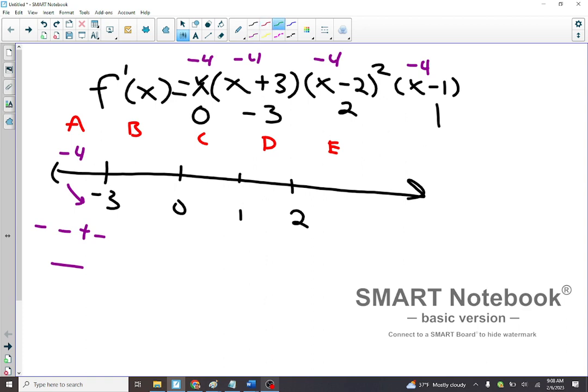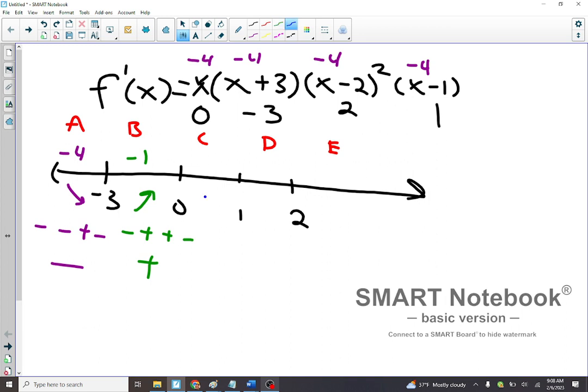Over here, I'll plug in something between -3 and 0, so -1. That's going to cause a negative, a positive, and a negative. Overall, that's going to be positive, so that's going up.